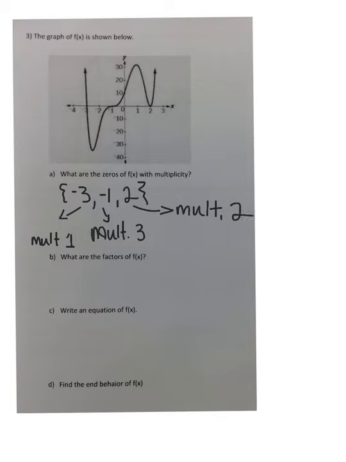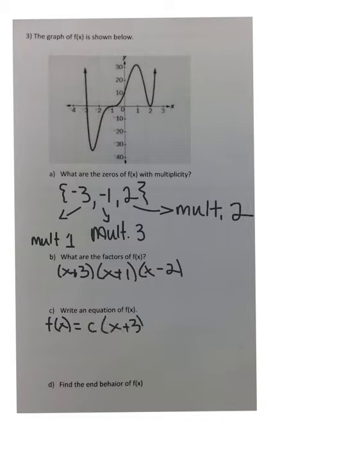Okay, what are the factors of f of x? So again, we just changed the sign. So we've got x plus 3, we have x plus 1, and we have x minus 2. Write an equation. So if we write the equation, remember we're going to have a value for c, which we'll deal with in a minute. So x plus 3.